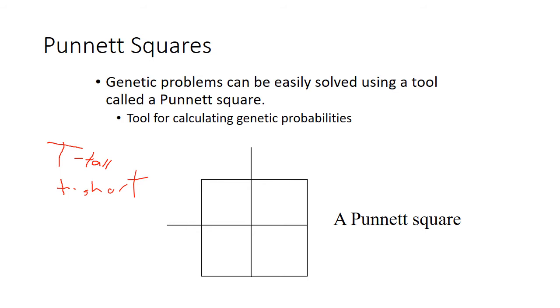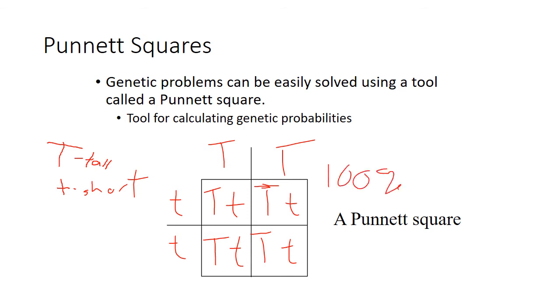Now, we're going to do a parent generation. So a P generation, this means that they are homozygous dominant and homozygous recessive. Remember, homozygous, homo means same. And when we cross them, the columns are going to go down and the rows are going to go across. So here we got 4 out of 4, or 100% tall children.